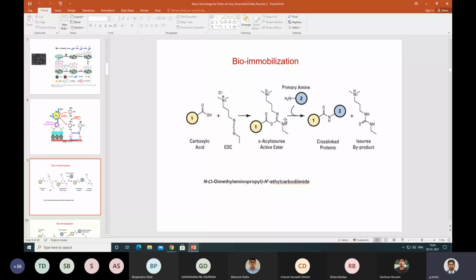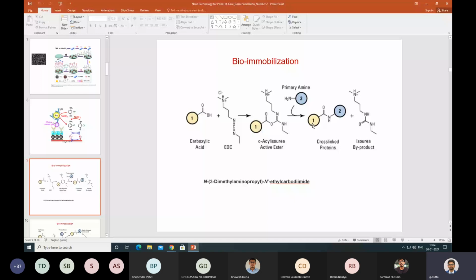This compound on the right-hand side will leave, and number two, your antibody, will bind with your electrode surface. So one is your electrode surface, that is the transducer, and number two is your antibody. So chemically you can immobilize antibody on the surface.